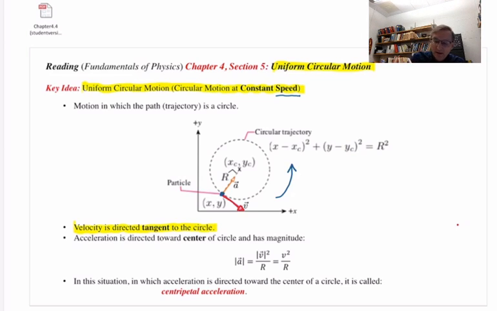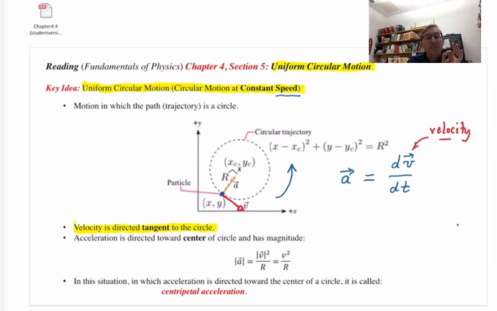Well, here's the thing. Remember the definition of acceleration. A arrow, acceleration, is a vector with a magnitude and a direction, and it is the derivative of velocity with respect to time. V arrow.